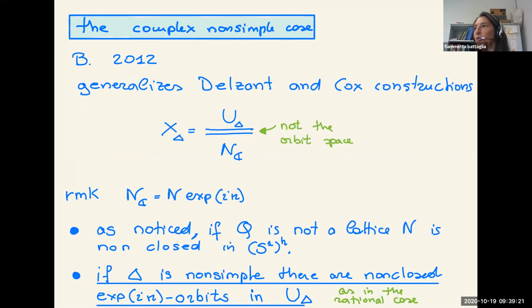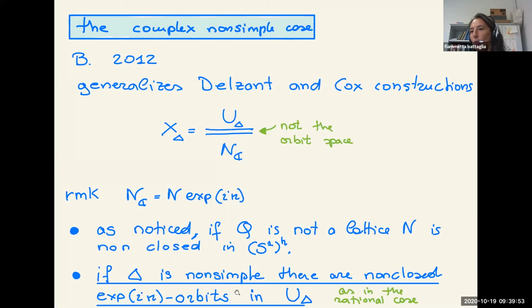One is due to non-rationality, and the group that is responsible for the singularities due to non-rationality is N, this N here. By complexifying, as I said, we don't add anything. So N being non-closed is a consequence of the non-rationality.